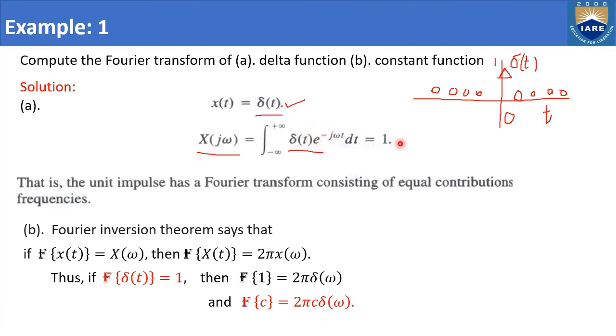That is how you get the 1. So I can say that the Fourier transform of a delta function is nothing but a constant or DC.